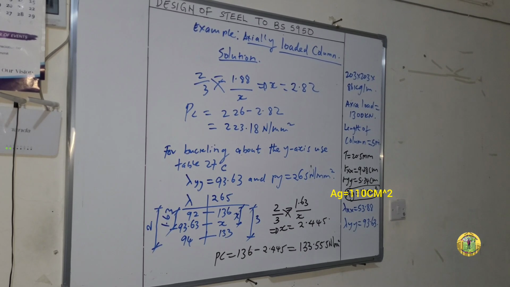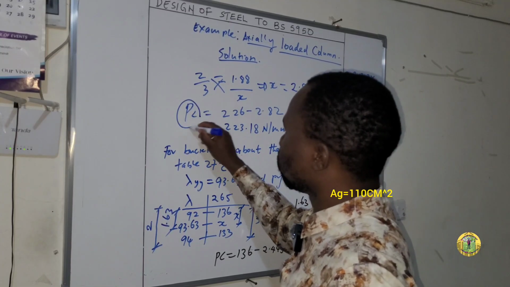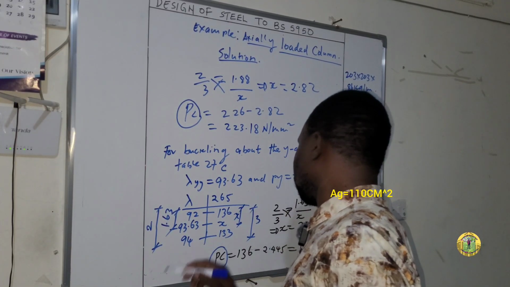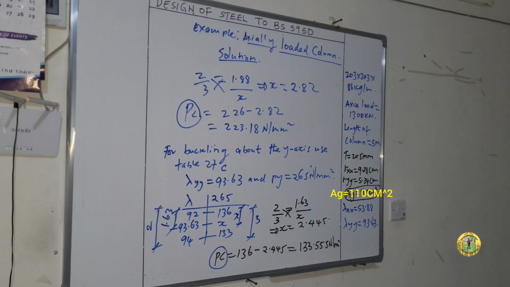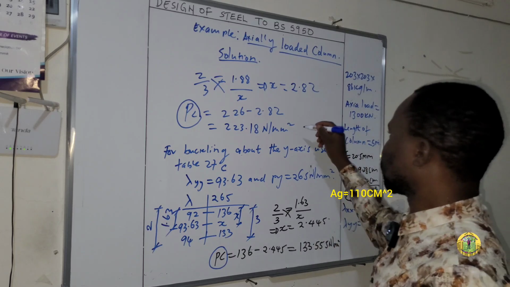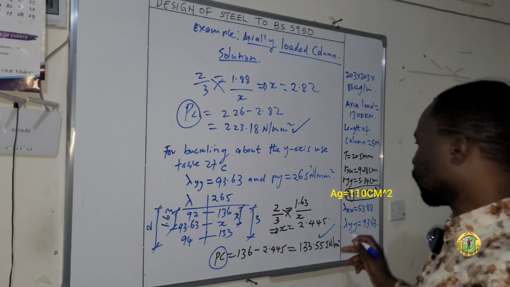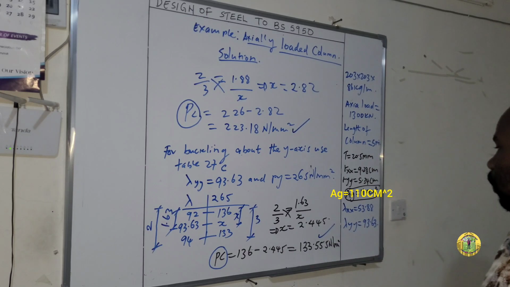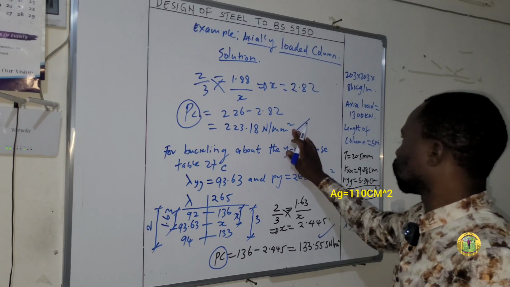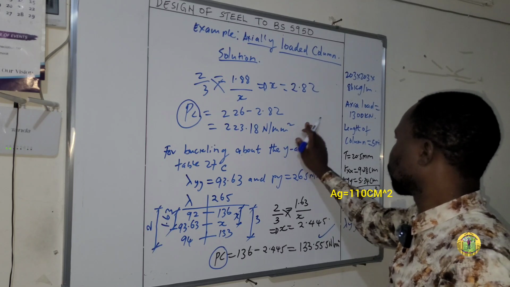After doing so, because we have two Pc values, you will choose the one which is less than the other, the lesser value, and that is what you will use to calculate the compression resistance. If you compare this one and this one, this has a lesser value, so we'll abandon this one.